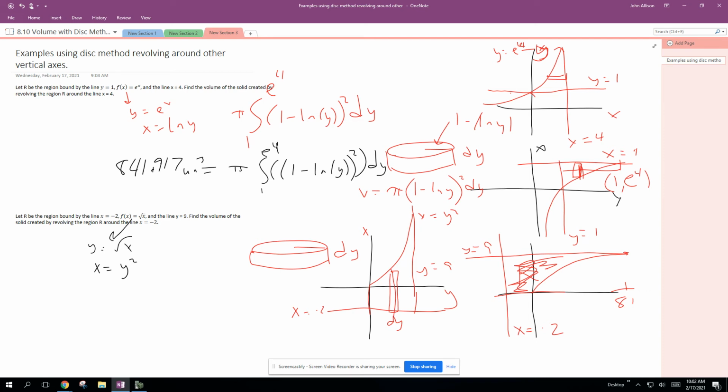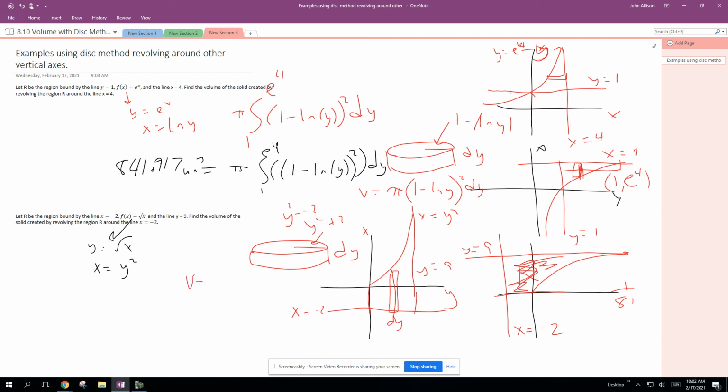And the radius is the height of this rectangle, which is y squared minus -2, or y squared plus 2. So that's the radius of my disk.